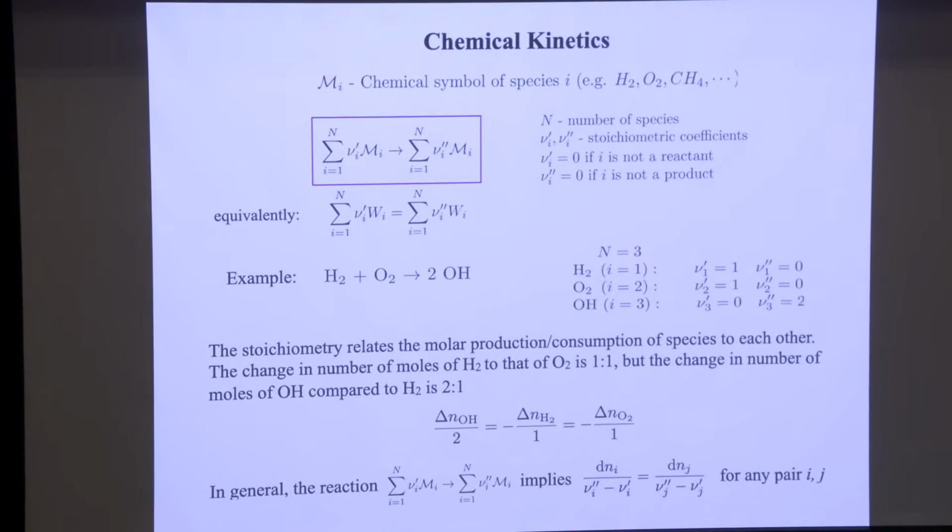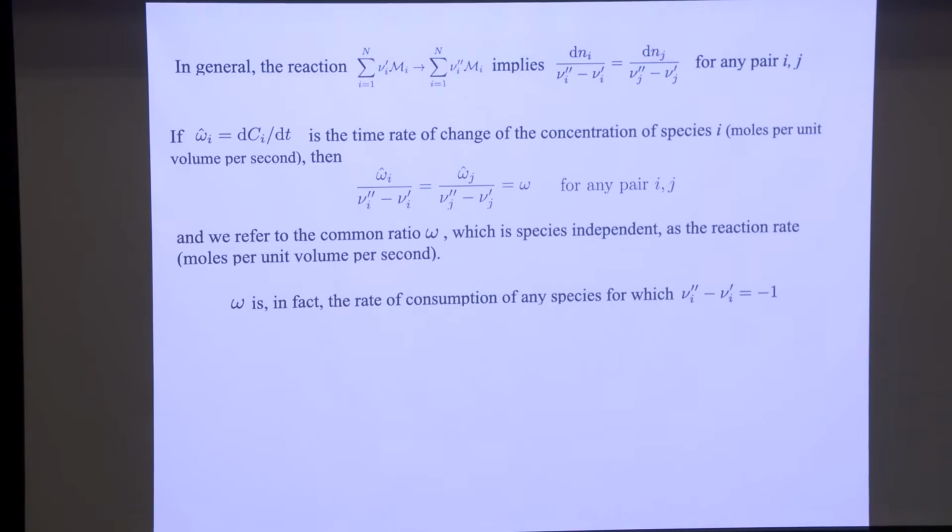Which we can also express in terms of the time rate of change of the concentration, dci/dt, which is essentially the rate of production or consumption.